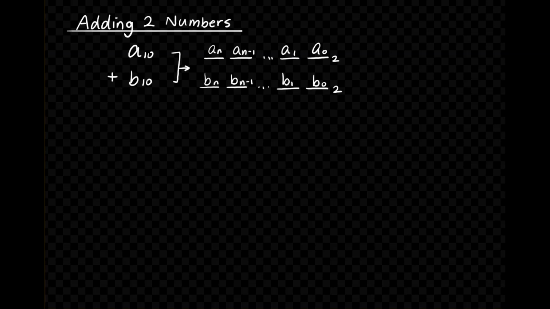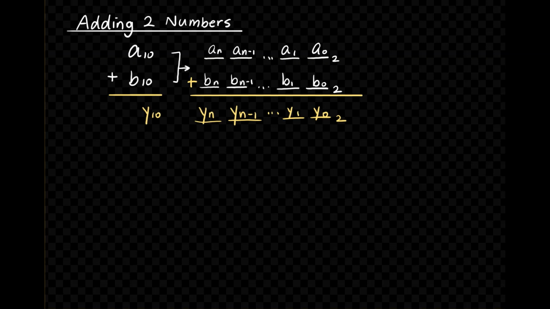Going back to our original question of how a computer adds two numbers. If we represent the numbers as a series of bits in binary, we can then represent the sum as a series of bits as well.